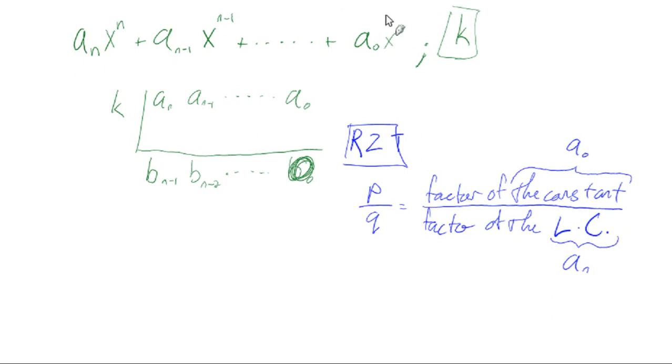So you take factors of this guy here, divide them by factors of this guy here, every possible matching of a factor of this number with a factor of this number, and that is the only type of number that could possibly be a 0. It's not guaranteed that it will be a 0, but it's a better chance than just randomly picking numbers for what could be a 0.